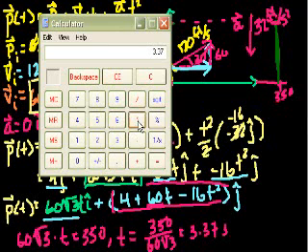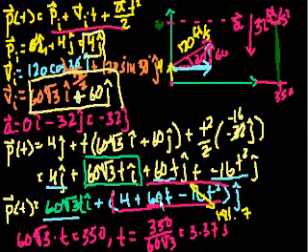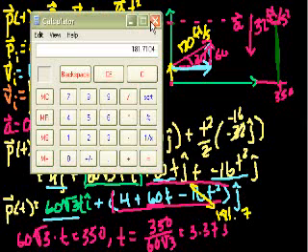No. So I'm going to have to do 3.37 times 3.37, which is equal to 11.53, and then times 16 equals 181.7. So this term here is equal to 181.7.